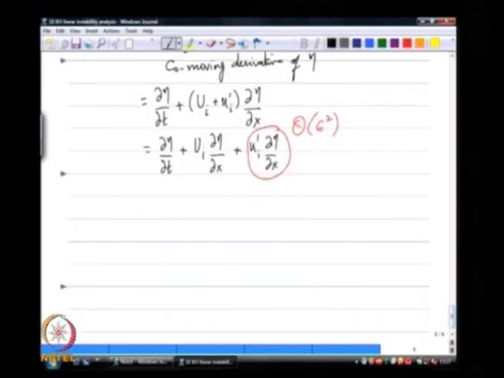So, what we end up with is V I prime at y equal to 0. So, the actual velocity, we will come to this in just a moment.